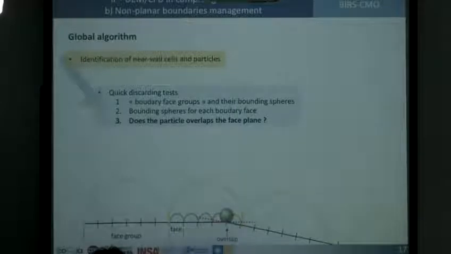And finally, there's a third test, which in this case is not useful, obviously, on the overlapping distance.